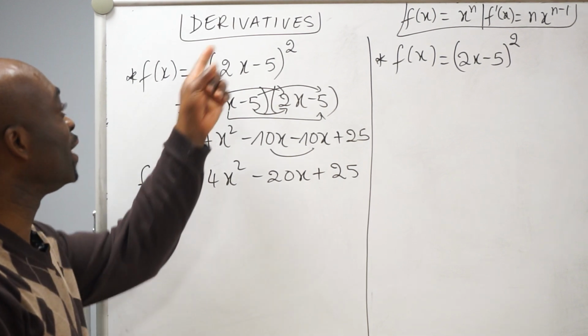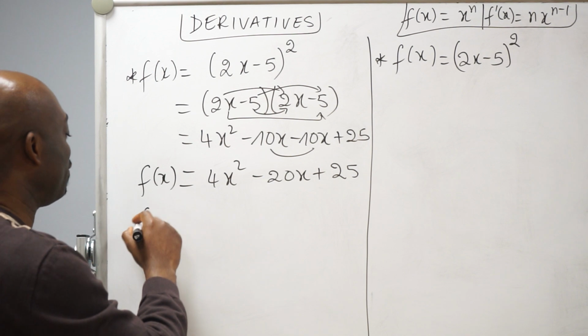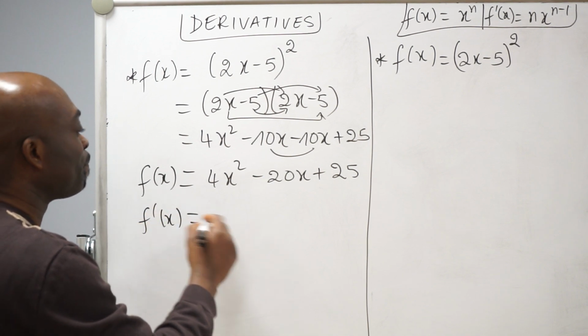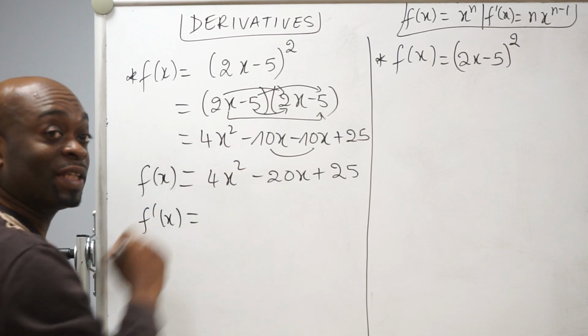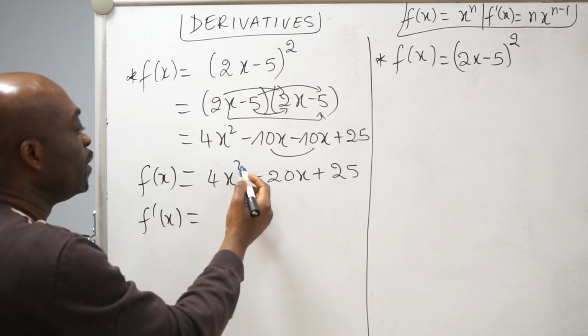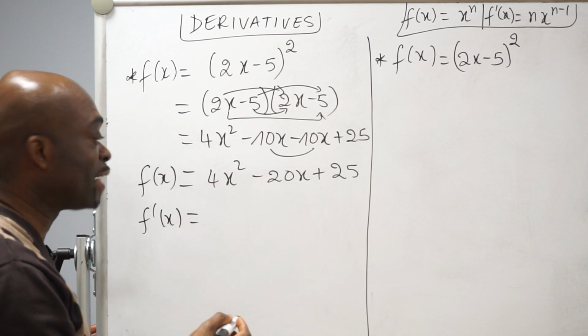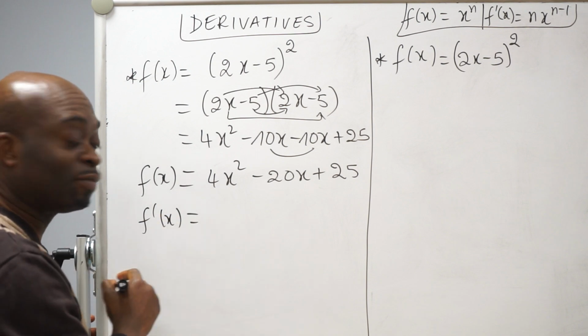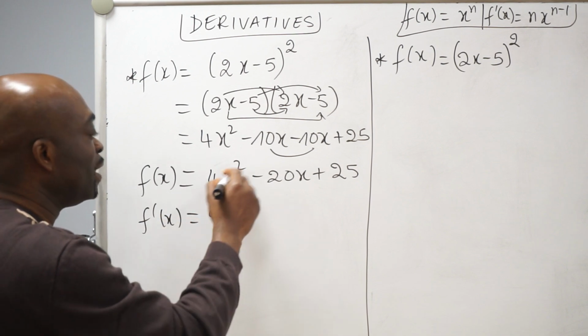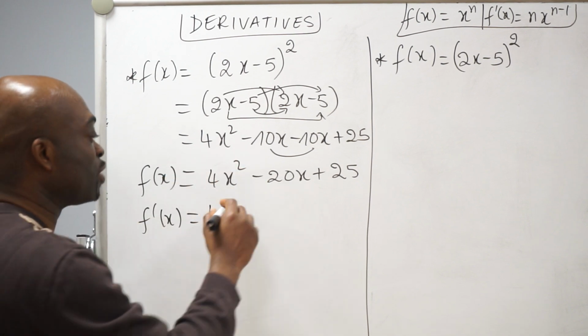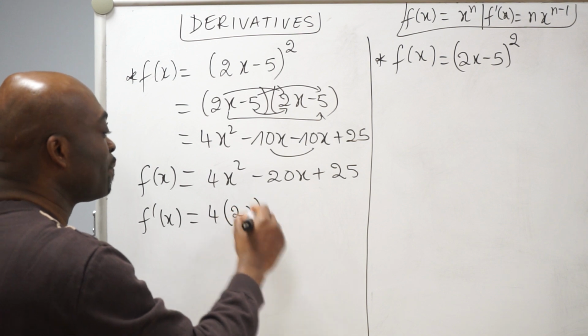But we have to find the derivative of it. So we take this one and find the derivative of it. The derivative of x squared is going to give us 2x, but the 4 is going to stay, because it's 4 times the derivative of x squared, which gives us 2x.